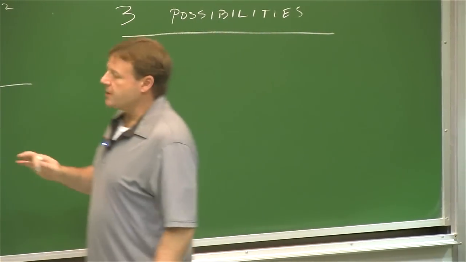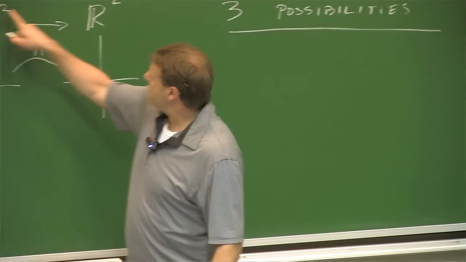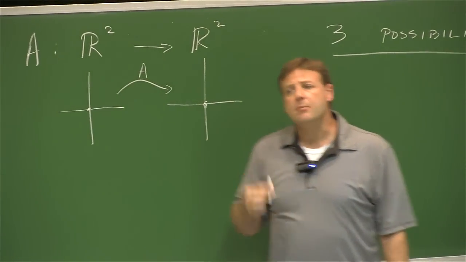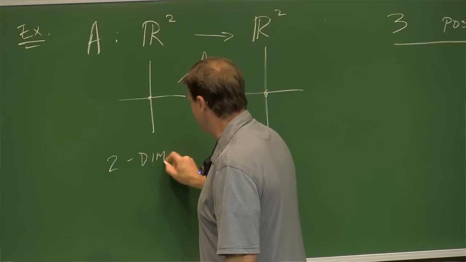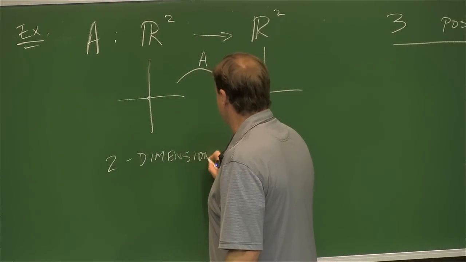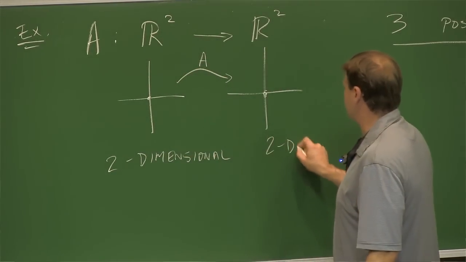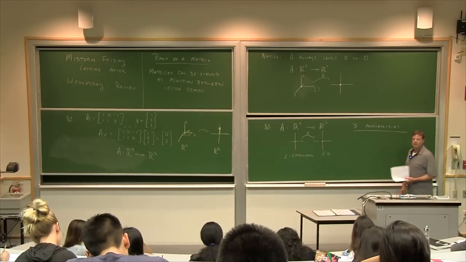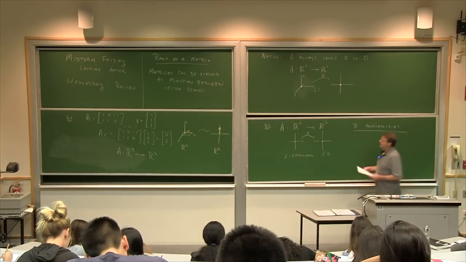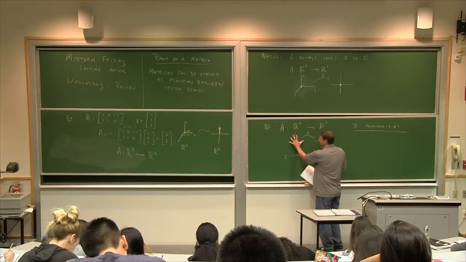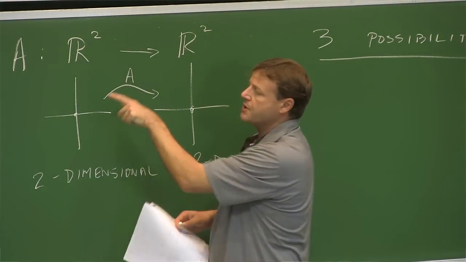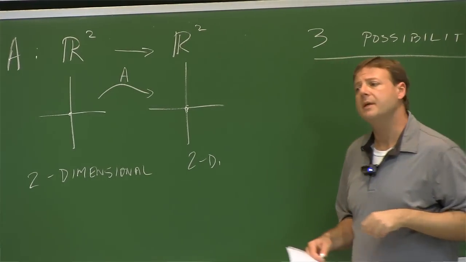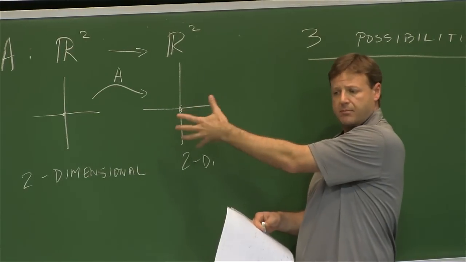So the first thing, let's just count dimensions. This 2 here represents the number of dimensions in the vector space. So you can say that this is 2-dimensional, and this is 2D as well. But what we're interested in is taking this whole space, and then the result over here. Well, what if A was just the 0 matrix?